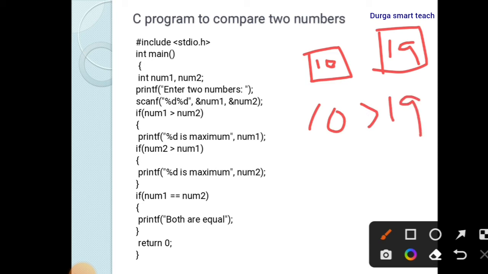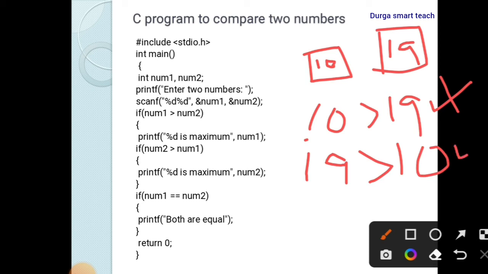If it is true, then 10 is the larger number. Here 10 is not greater than 19. Next we need to check whether 19 is greater than 10. Is it true? Yes.